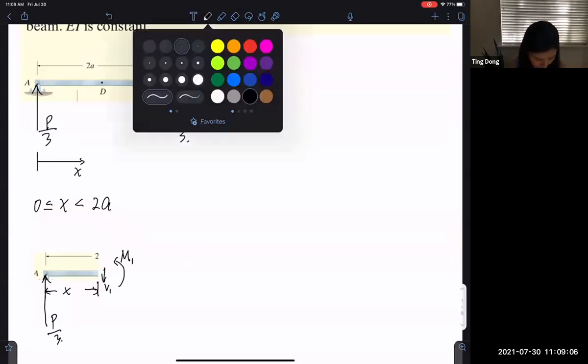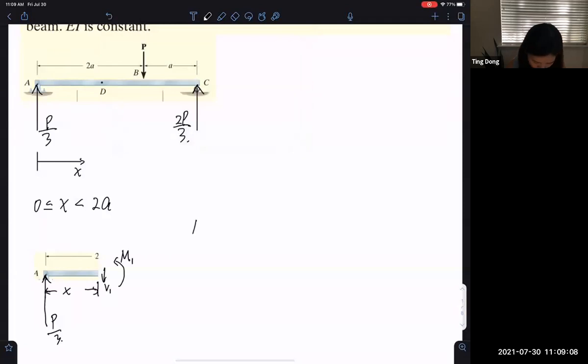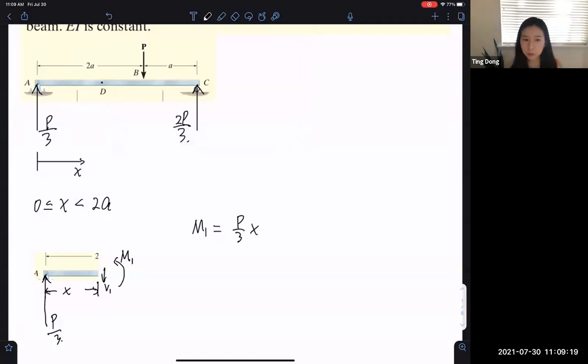So what is the expression of bending moment M1? P/3 times x, right?